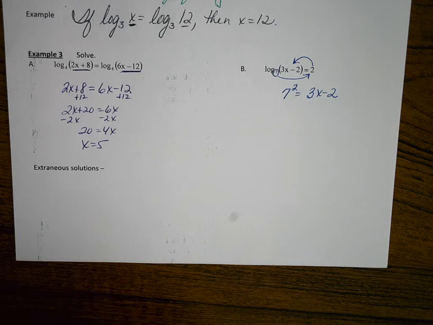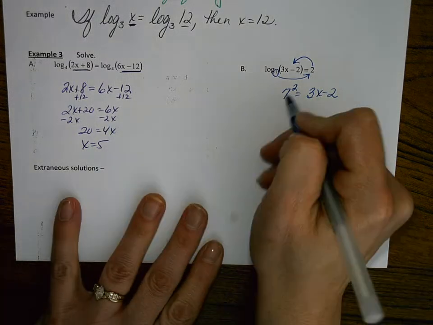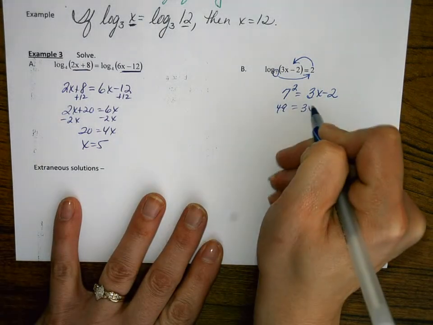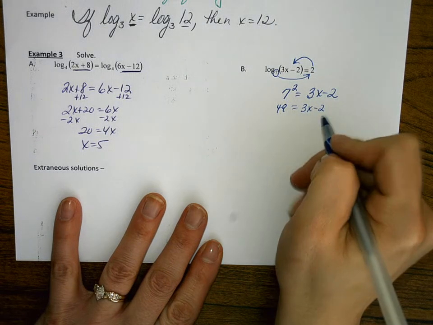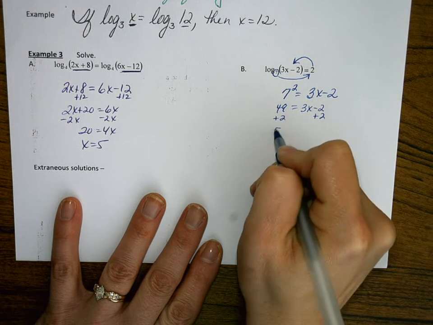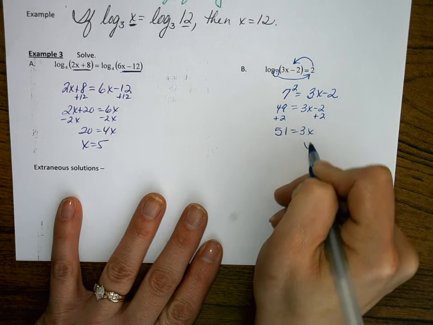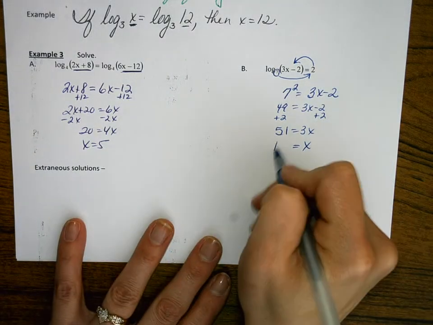If it is a single log, you want to write it with an exponent. So 7 squared is 49, equal to 3x minus 2. If I add 2, 51 is equal to 3x, and x is 17.